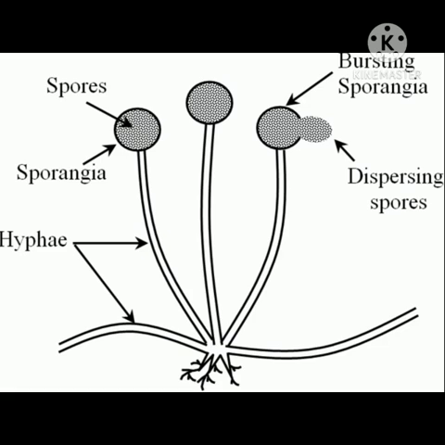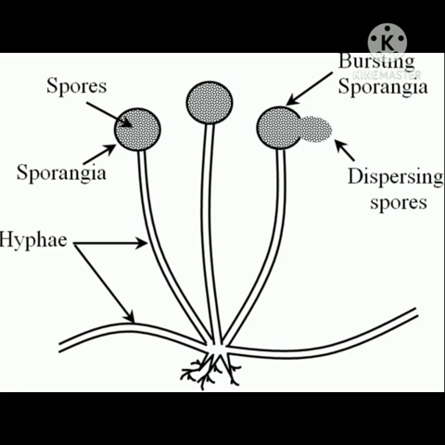In spore formation, the parent plant produces hundreds of tiny spores which can grow into new plants.